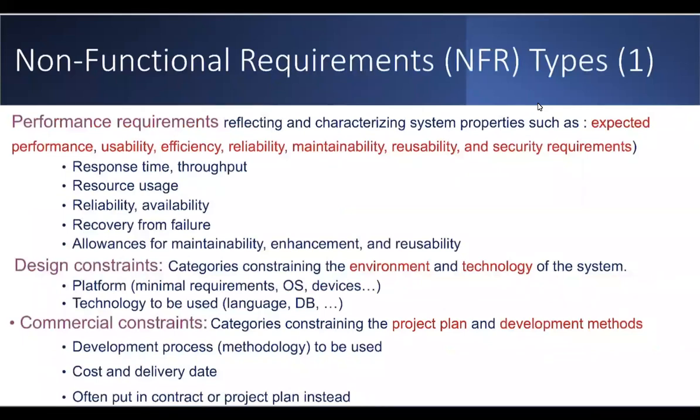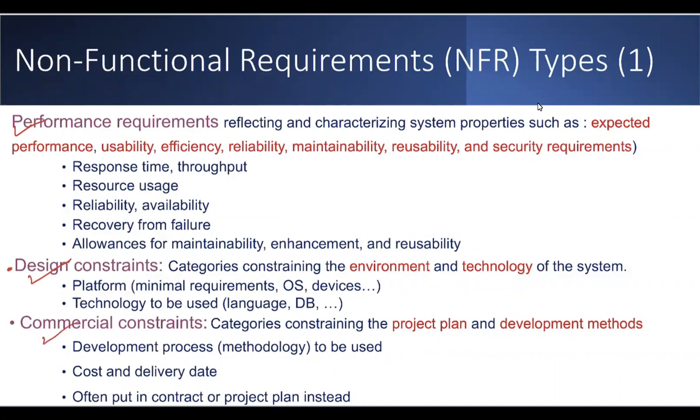Let's look at different types of non-functional requirements. Keep in mind, non-functional requirements are not related to the system functionality, but to the system characteristics. Some of the characteristics that we could use to describe the system to be developed include performance requirements, design constraints, sometimes called design requirements, and commercial constraints.